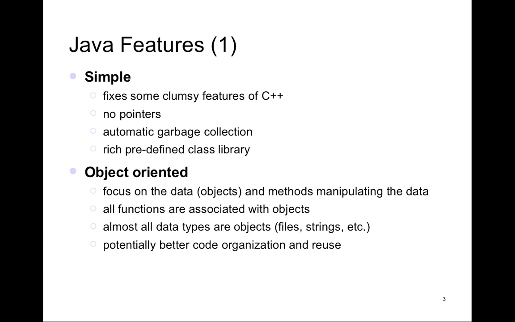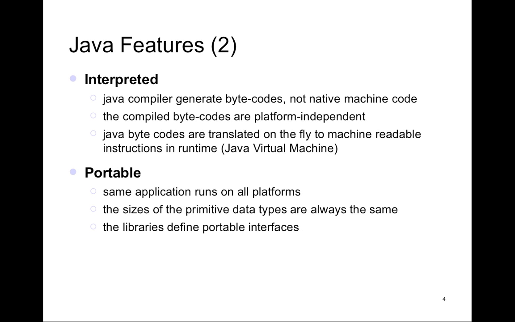So you can't program in a non-object-oriented fashion. You can in C++. So the focus is on data or objects, methods of manipulating the data, all the functions associated with objects. In fact, these are kind of like what the class is based upon as well. Almost all data are objects, strings, but everything is an object in Java. Potentially better code organization and reuse, they say.